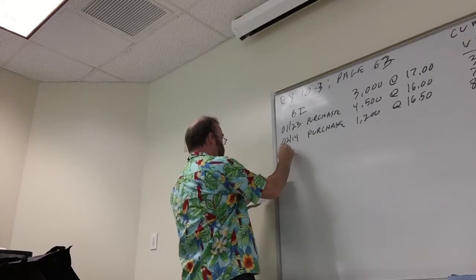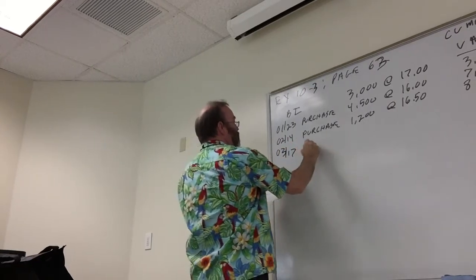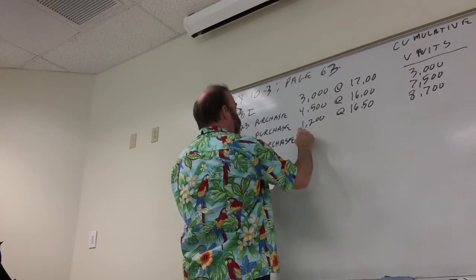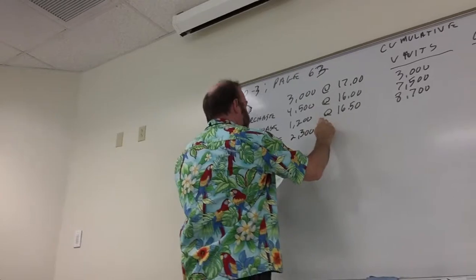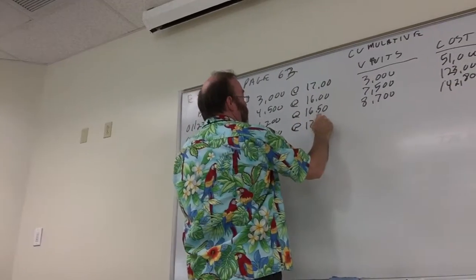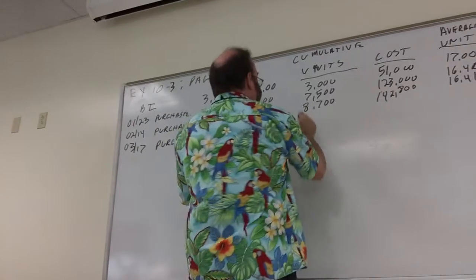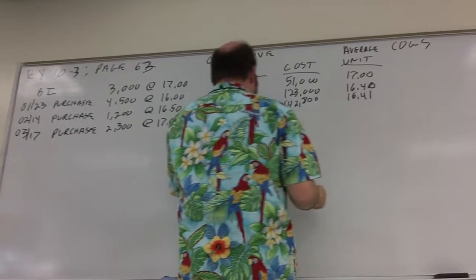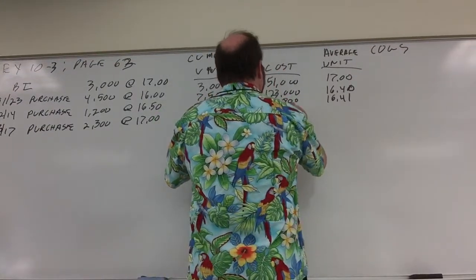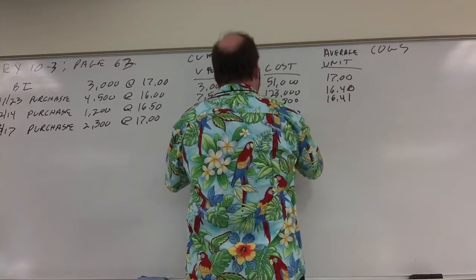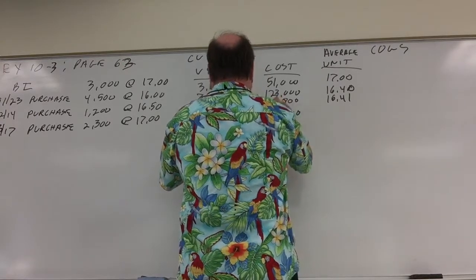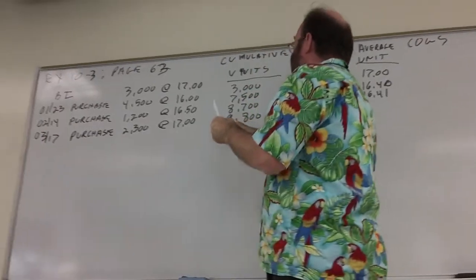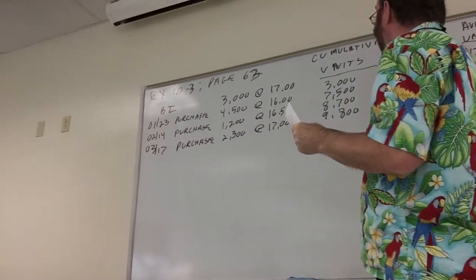Okay, then on March 17th, we make a purchase of 2,300, and we're paying $17 again. Now we got 9,800. And cumulative cost of 901. How did you get the cumulative of 9,800? No, 9,800 units. Oh, should be 11.